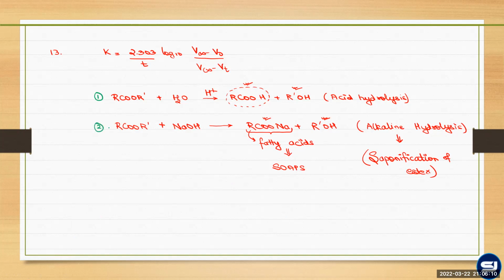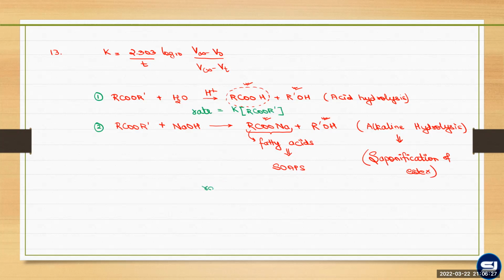One is acid hydrolysis and another is alkaline hydrolysis. So acid hydrolysis में इसका जो rate law है, as per the pseudo first order, it is K times the concentration of only the ester, right?